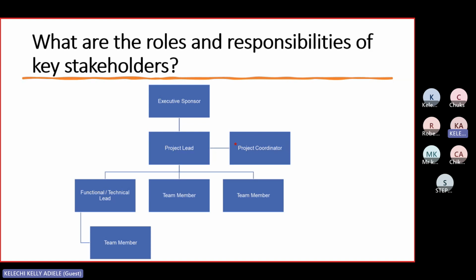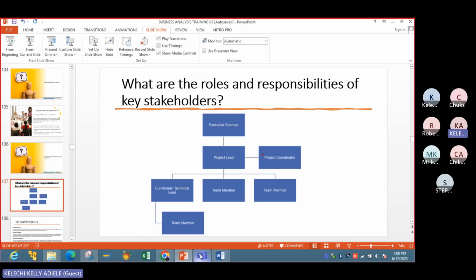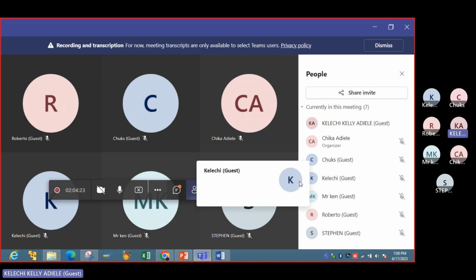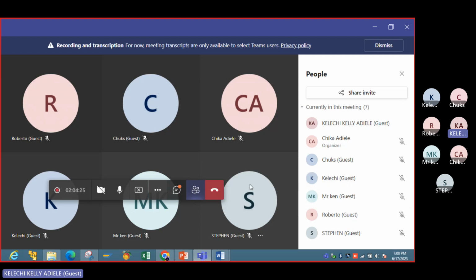Oh, you cannot unmute. Why? Let me see if I can unmute you. Sorry about that. I think it's a setting. Oh, so it's an issue here.